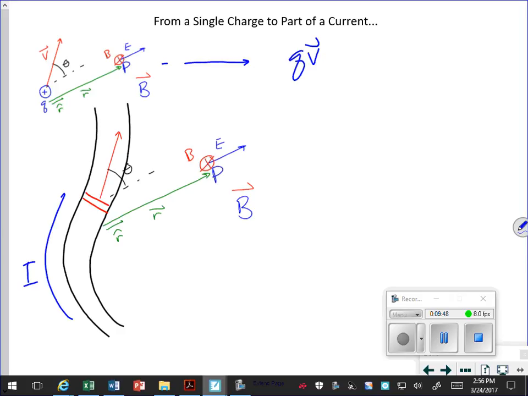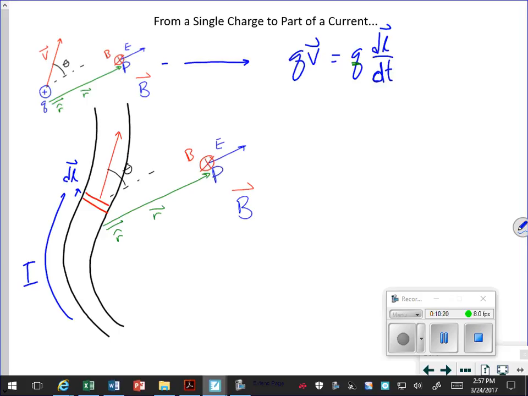And what we say is, V we can write as dl dt. There's a little tiny distance from here to here, dl. dl just means we're moving in whatever direction we want. In this case, how much charge is in our little dl?